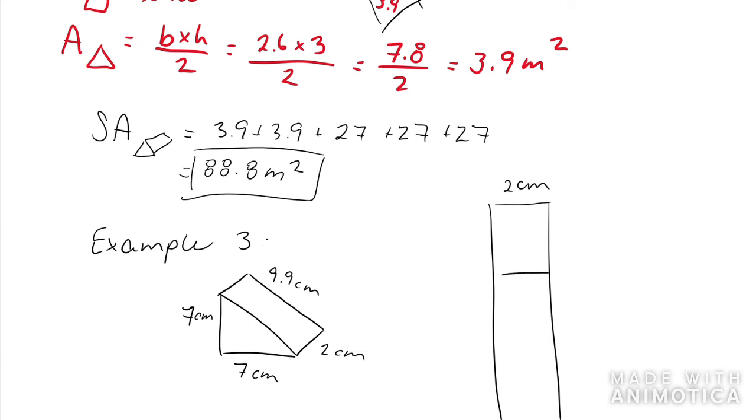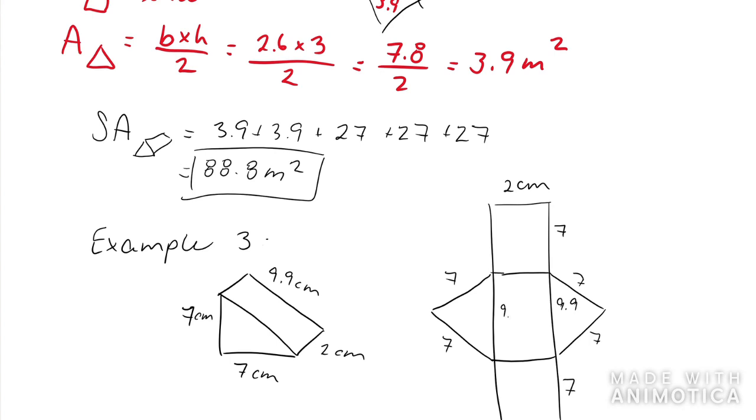Then we have a longer one, which is our 9.9, and we have 2 shorter ones, which are our 2 7s. We still need our triangles though, and our triangles are going to look like they're the same height. This is 7, this is 7.